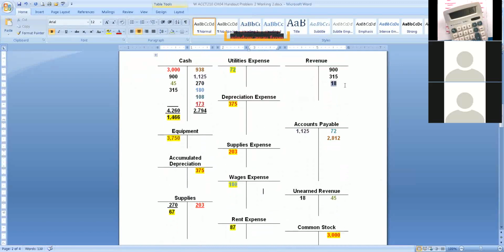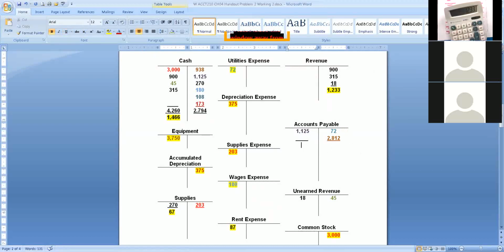Okay, revenues. $900 plus 350 plus. Accounts payable has a little bit of stuff in here, so we have to be careful of this one.